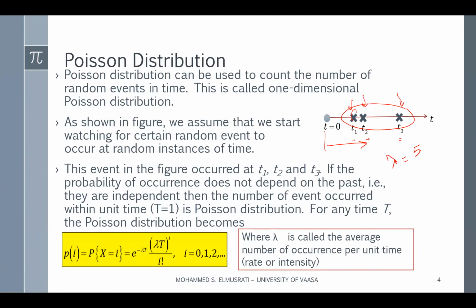In your case, for students, maybe 5 students per day mistakenly open your classroom. This rate is called lambda. Now what is the probability that exactly 2 students will try to come to your classroom by mistake? You can calculate it based on the Poisson distribution equation.